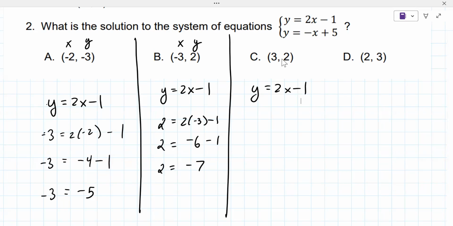Hold on, I need to find a clean piece. 2 equals 2x minus y. I'd put in 3 for x, so it's 2 times 3. So 6 minus 1, so it wouldn't be true because it would be 2 equals 5, which is not true, right?